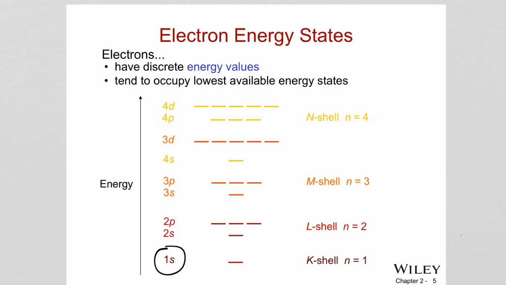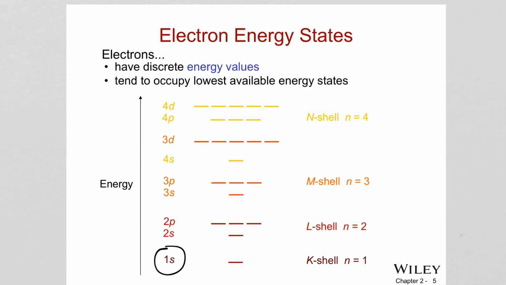The question is then, which of the quantum states are occupied? The Pauli exclusion principle tells us no 2 electrons in a given atom can have the same set of quantum numbers, meaning each electron will have a unique set of quantum numbers.